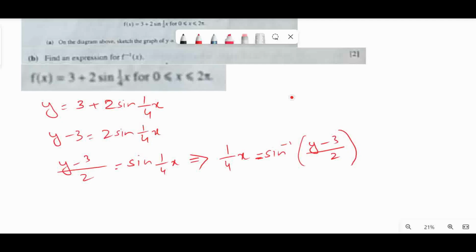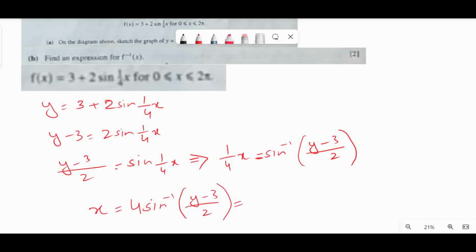So from here, for the inverse we have to make x the subject. So x equals 4 sine inverse of y minus 3 divided by 2.